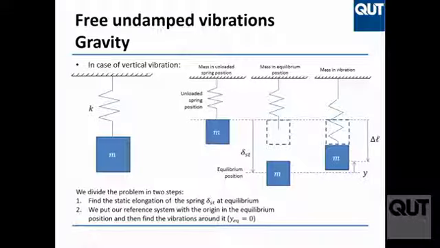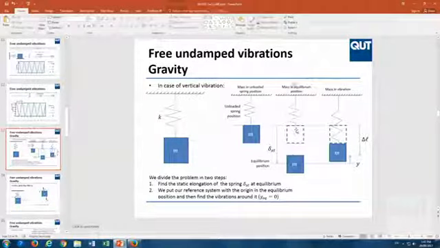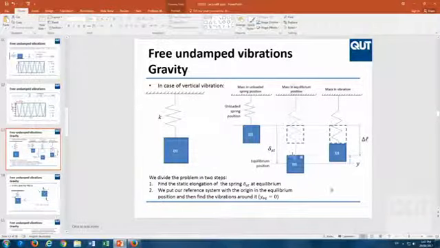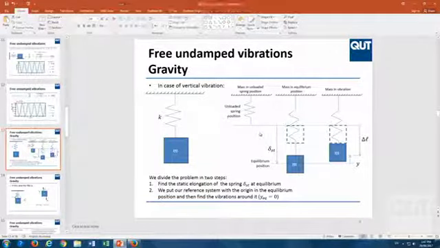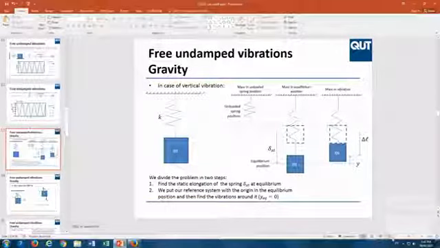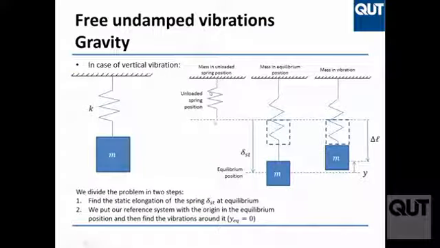So what happens is this. Conceptually, if I have a spring, I attach the spring here. Let's start with this situation. The spring by itself has a certain length. If I attach something, that thing will drop and elongate that spring because of gravity.